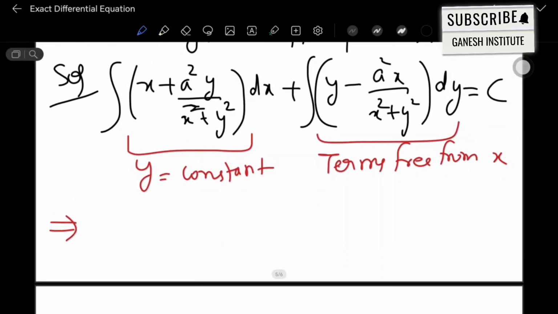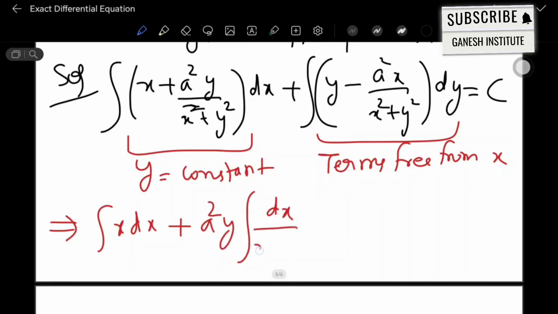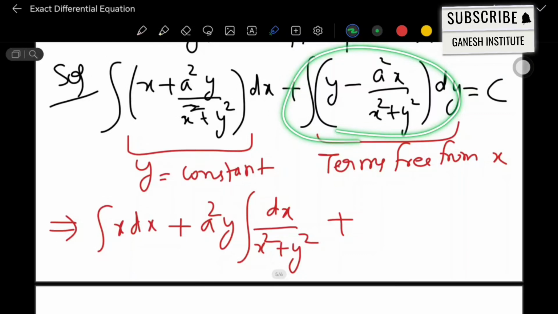Okay, so let's do it. If I have to integrate, I need to consider y as constant. So x dx is what? It is left, plus this a square y is constant, so let's leave it. Only this much is remaining. So a square y outside, dx upon (x square plus y square), plus I need to take here only those terms which are free from x.